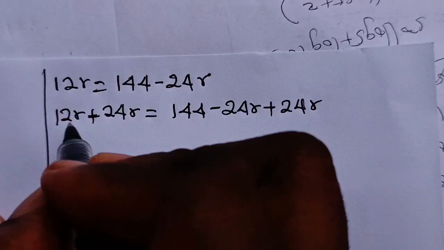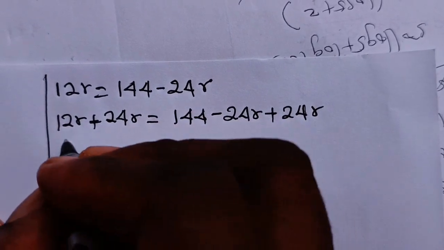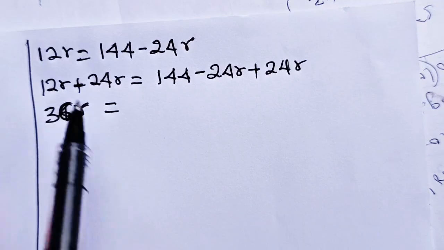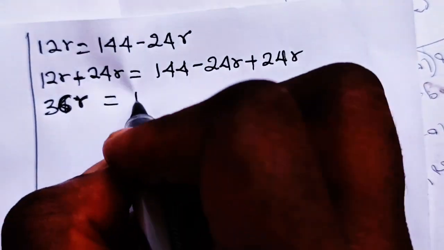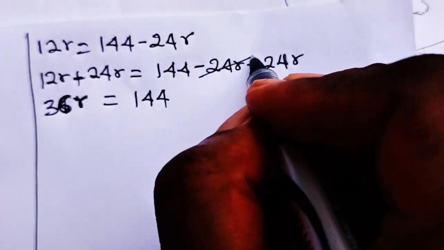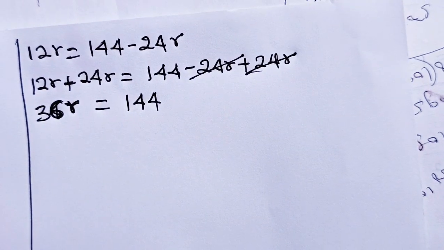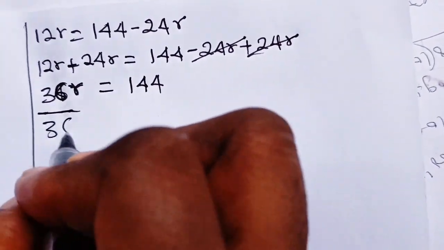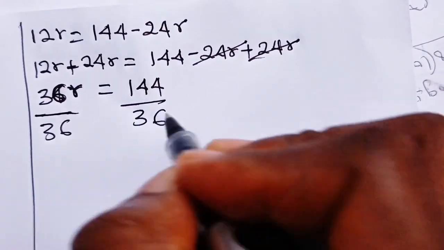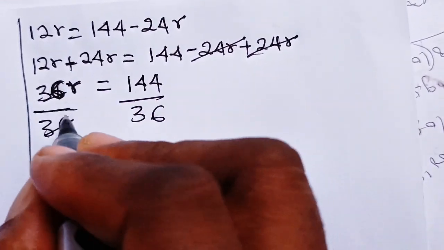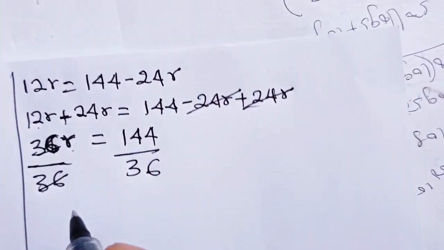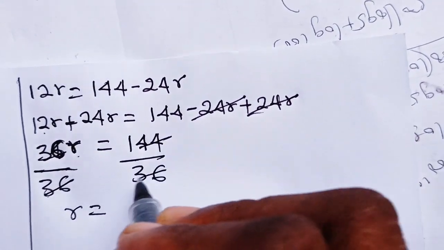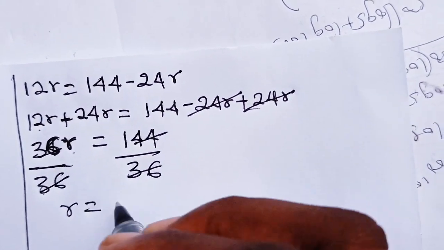Now 12r plus 24r will give us 36r is equal to 144. Now minus 24r plus 24r will give us 0. So we divide this side by 36 and this side by 36. Now 36 divided by itself gives us 1, and 1 times r is r. So we have r is equal to 144 divided by 36, which gives us 4.